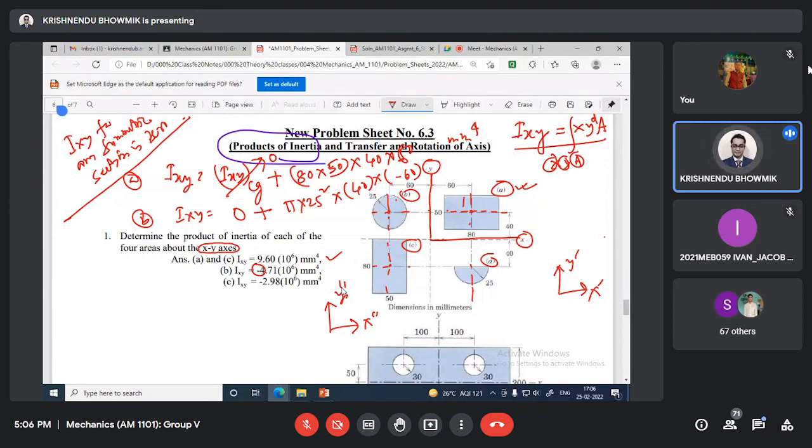Now, if you have some structures, some cross sections, in a real scenario loading is such that the neutral axis or plane has moved with some rotation, and with that particular rotation the I value is showing minimum.